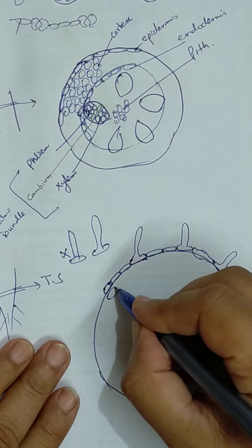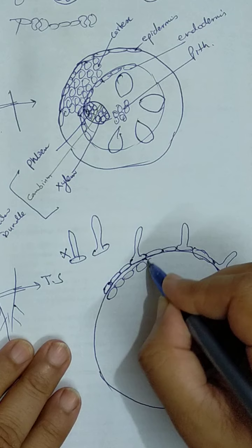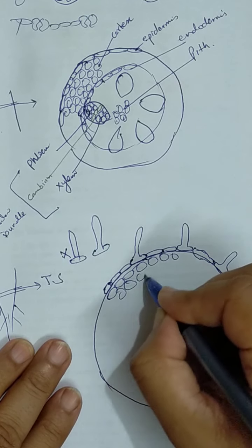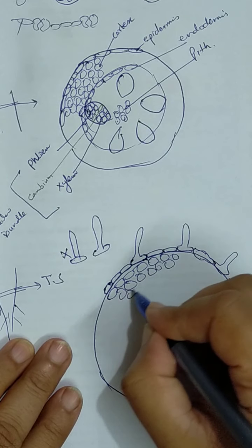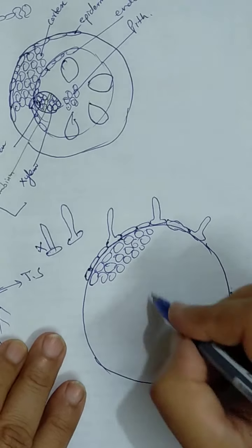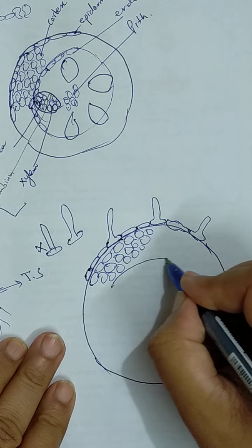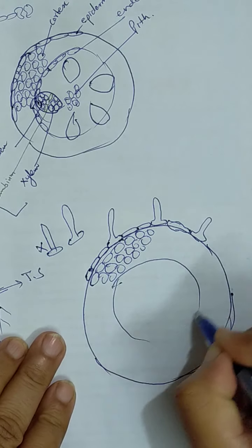Again the internal structure consists of cortex cells, then another layer of endodermis cells is also present.